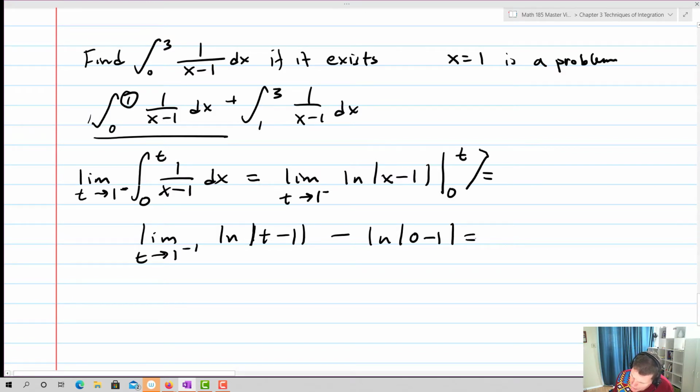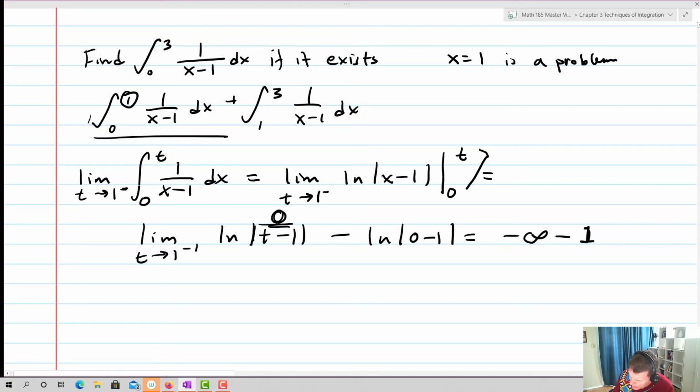Okay, so this will end up equaling the natural log, and this value is going to approach 0. So what happens as the natural log approaches 0? Well, then the value of the natural log goes down to negative infinity. That's a problem, right? This is going to end up being negative infinity minus, and this is 1.